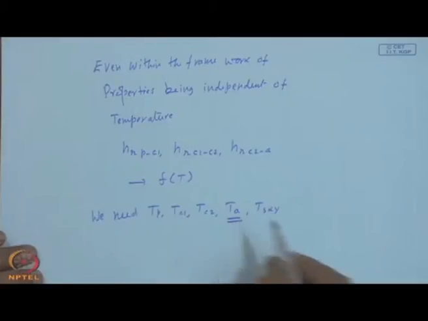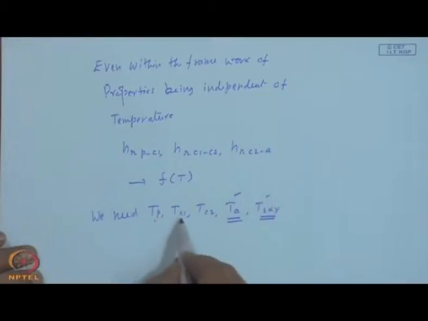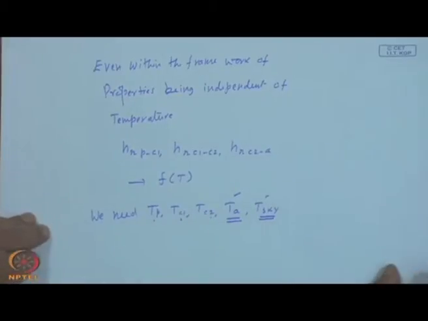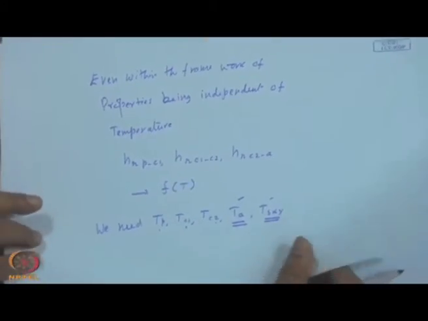This Ta is a meteorological property which we know. T sky can be estimated from the relations. So, these are not issues, but Tp, Tc1, Tc2 have to be known in order to calculate my radiative transfer coefficient from the plate to the cover 1 or cover 1 to cover 2 or cover 2 to ambient.